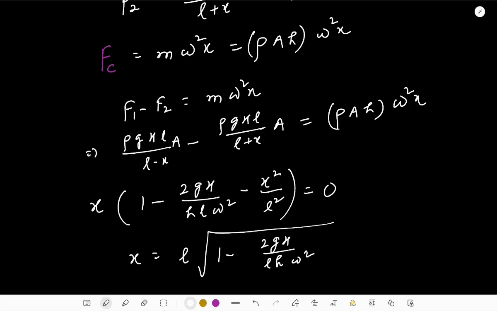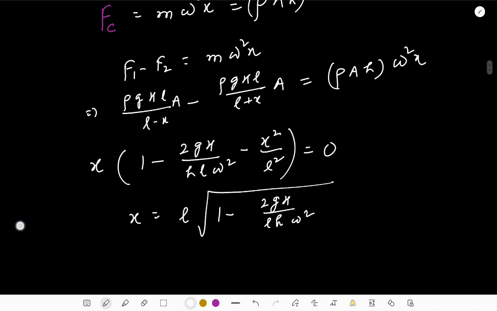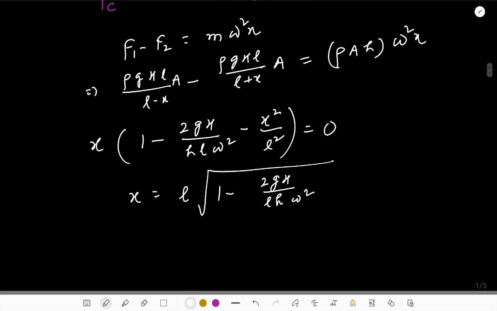If you want to analyze the result further, you can get a critical value for omega, and it can be found from this value. The term under the radical should be non-negative, and that means it will be greater than or equal to 0.